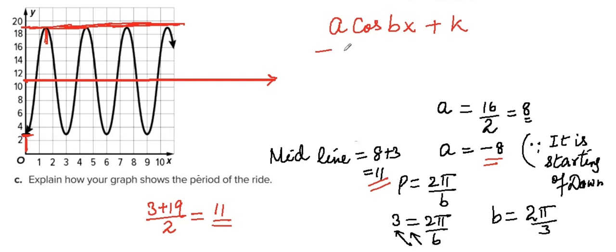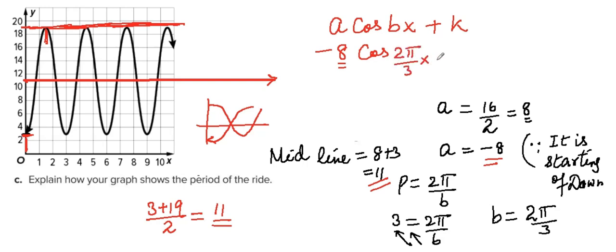So a is minus 8, because the cosine graph starts from the top, but this starts from down, so it is a reflection, that's why minus 8. Cosine bx, b is 2 pi by 3 x, and k is the middle line. So this is all about this question. The graph is there as well as the equation.